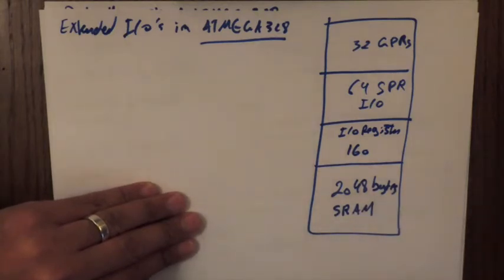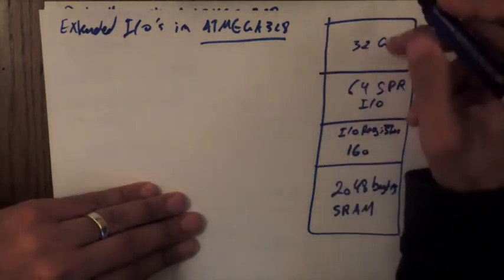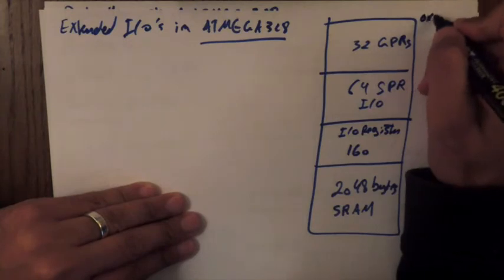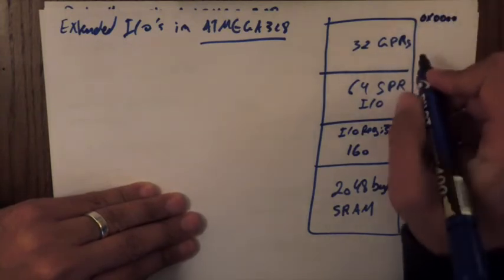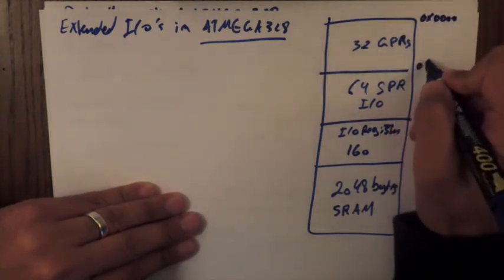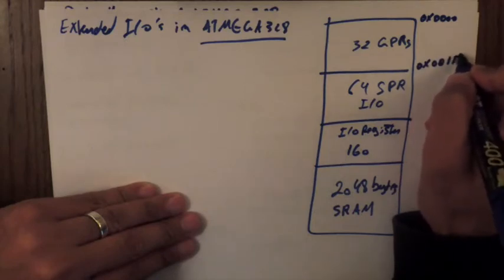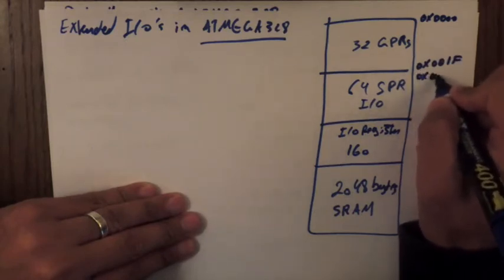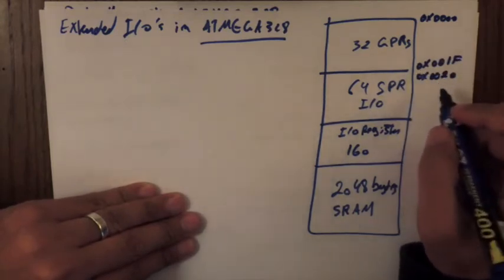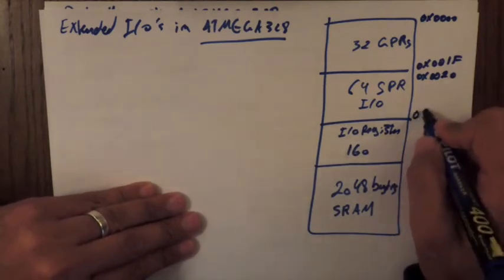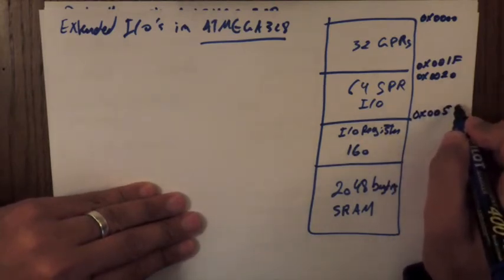If I want to look at the specific addresses of these parts, as we know, we start from 0x0000, of course 16 bits, and this ends at 0x001f. The next starts from 0x0020, and then we go all the way to 0x005f.